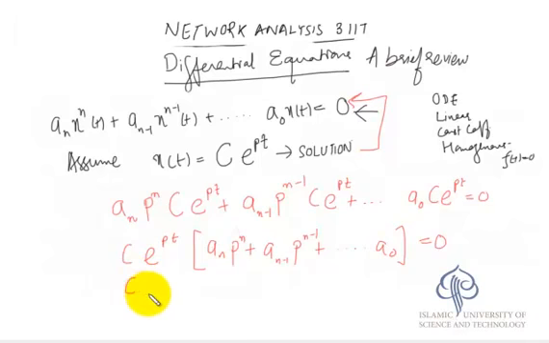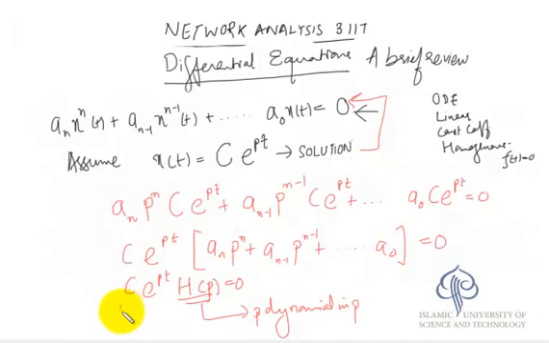So this can be written as c e to the power pt times H(p), where H(p) is a polynomial in p. Now this whole thing can be 0 at p equal to minus infinity, no doubt about it, but that's a trivial solution. The non-trivial solution will be only when H(p) is 0.